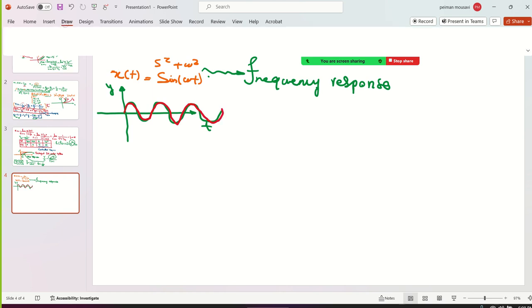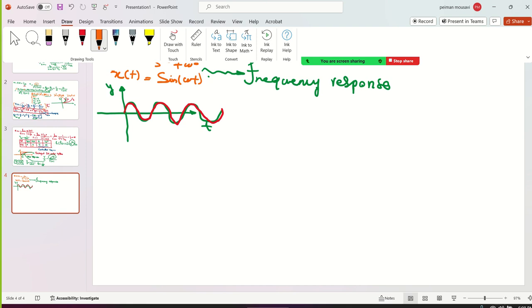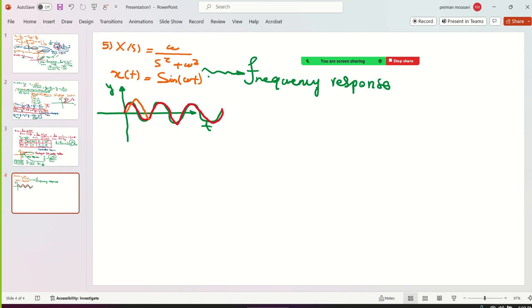If your output is not like that, and the output is like this, look at here. You have a phase difference between them and an amplitude difference between them.